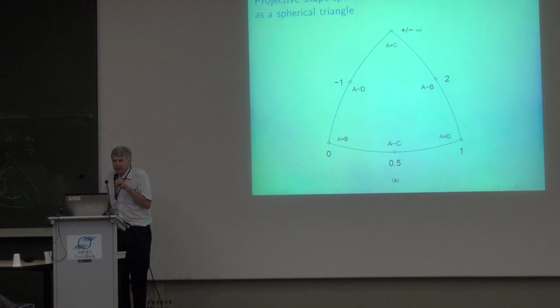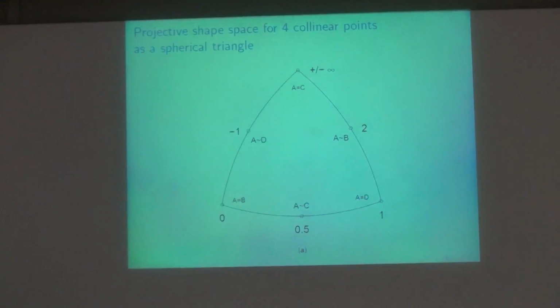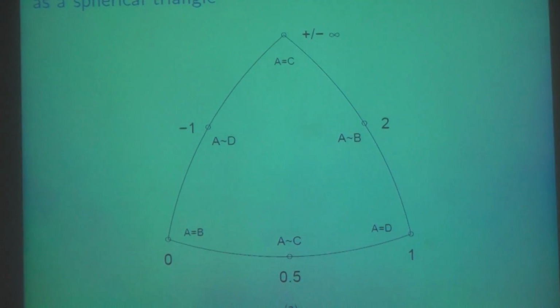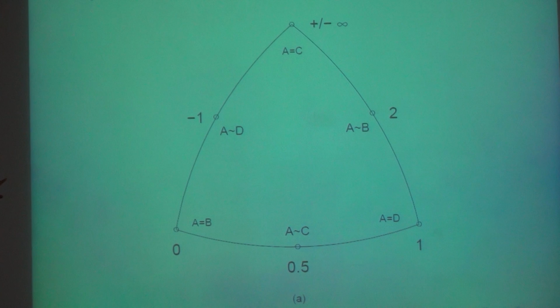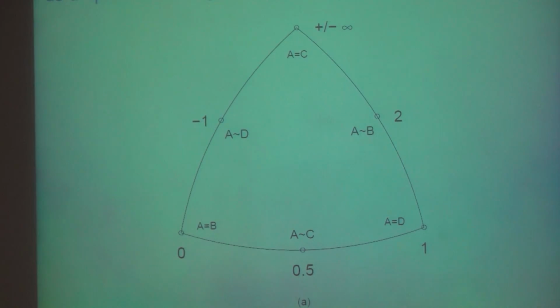So here's my picture of projective shape space for collinear points, represented as a spherical triangle. At the top, I've got the North Pole, I've got the Greenwich Meridian coming down to the equator, perhaps on the right-hand side another line of longitude coming down to the equator, 90 degrees apart on the left-hand side, and part of the equator down at the bottom of the picture.